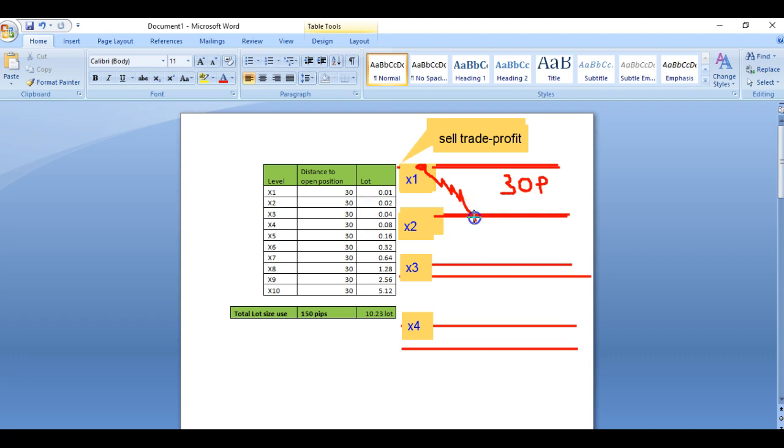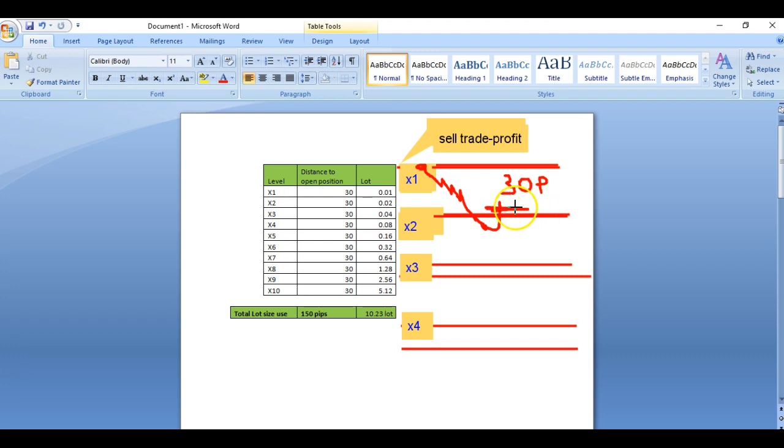The distance between X1 and X2 is 30 pips, our setting here. So let's say it hits X2, and then where is your SL here? To secure your profit on X1, we have an SL over here. Okay, so the reason why, if the trade or the market reverses back, it will hit this one.